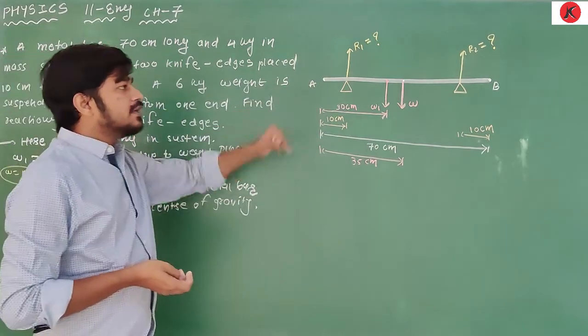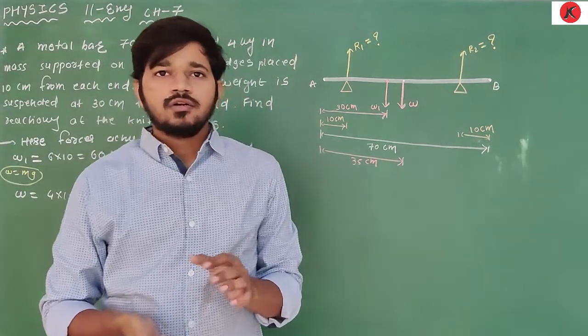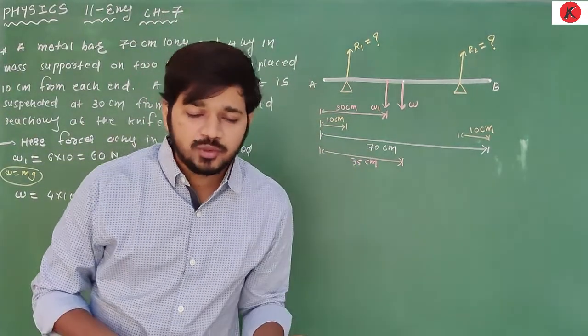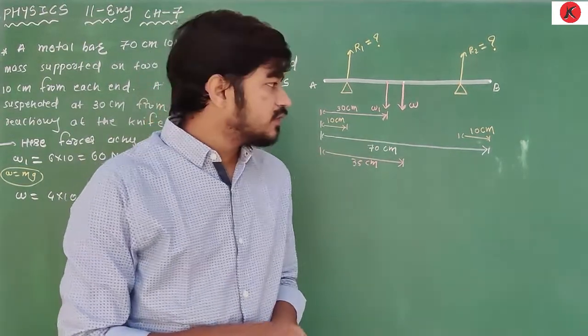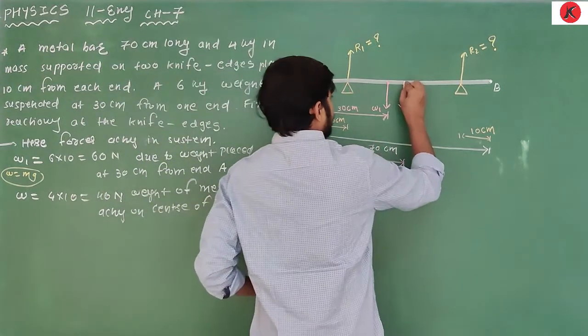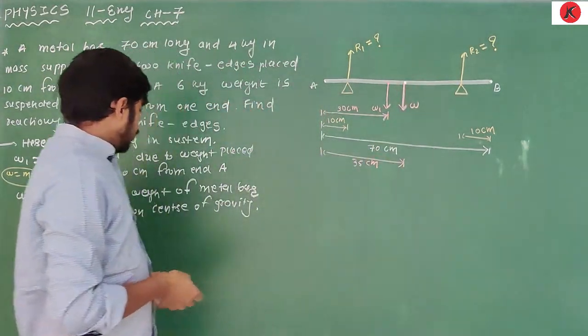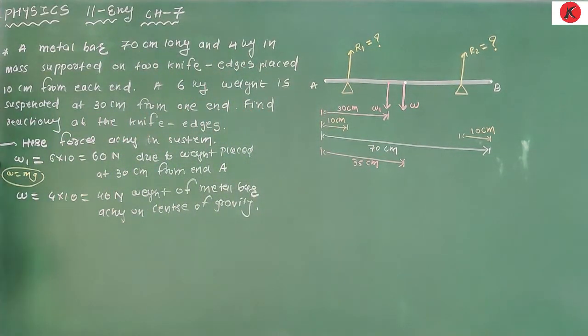As this bar is of uniform density, of uniform mass distribution, its center of mass and center of gravity coincide with each other, at its midpoint, exactly at this point. So W1 is equal to 60 Newton due to weight placed at 30 centimeter from end A.